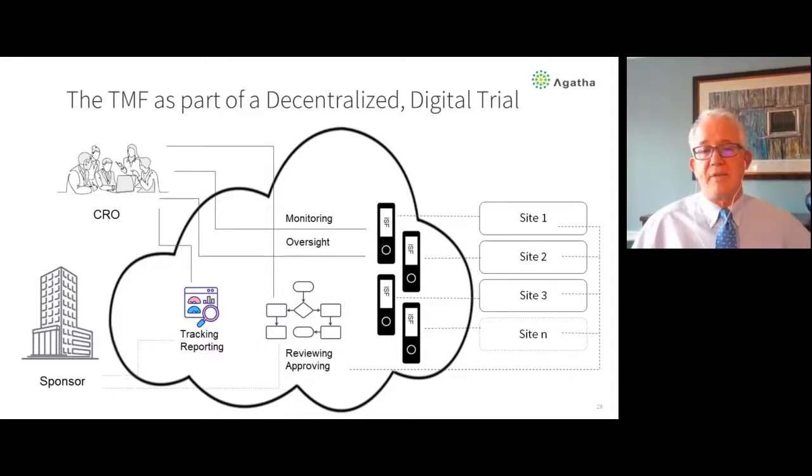So they can each have their own workspace in the cloud and investigator site file. And because we can do that, that means a CRO or someone from the sponsor can play a monitoring and oversight role. They can inspect those documents. And because they're all connected, we can do things like review and approvals between participants at the site level, the CRO and the sponsor. And because we're doing all that, we can keep track of it all and report on it with KPIs and metrics.